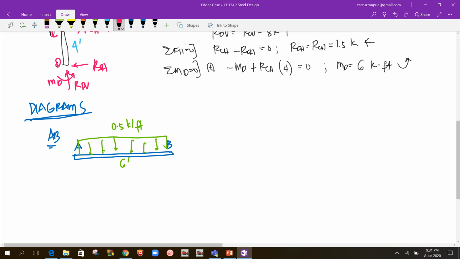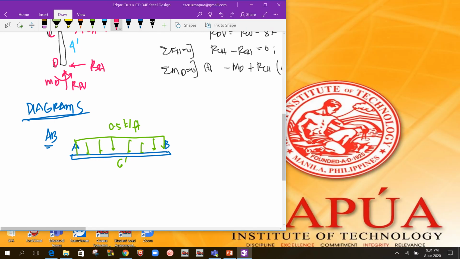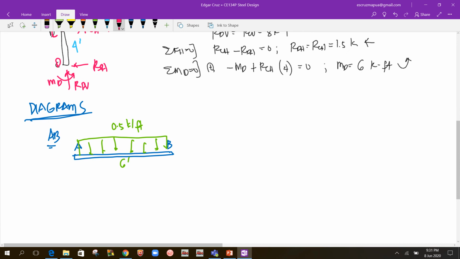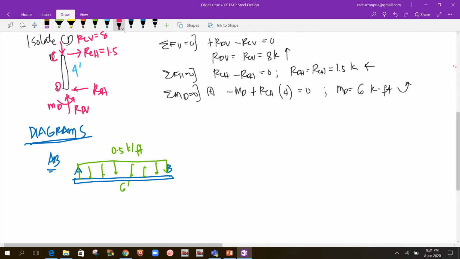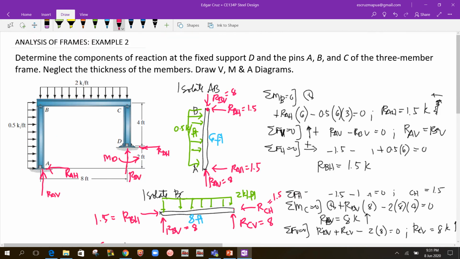Then we know the reactions: we have 1.5 for the horizontal reactions and 8 compression. 1.5 and 8.